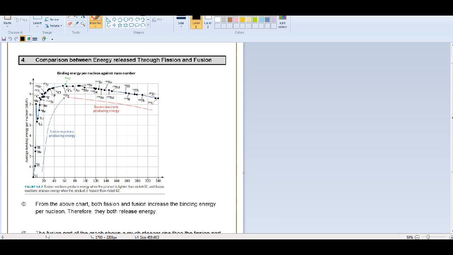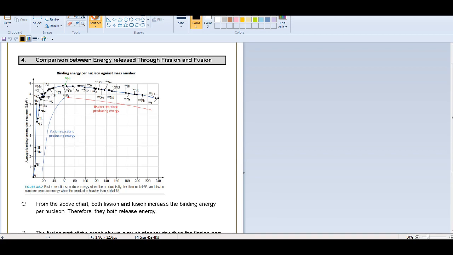For the fusion part, it does the same, but from the other end. It goes from a very small average binding energy per nucleon to a relatively greater binding energy per nucleon, so it becomes more stable.